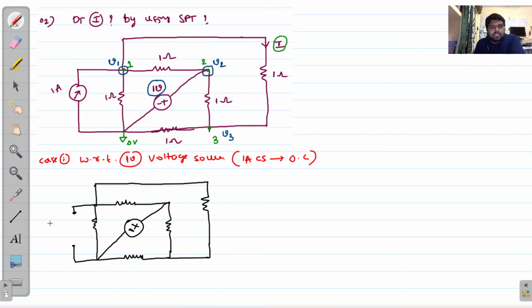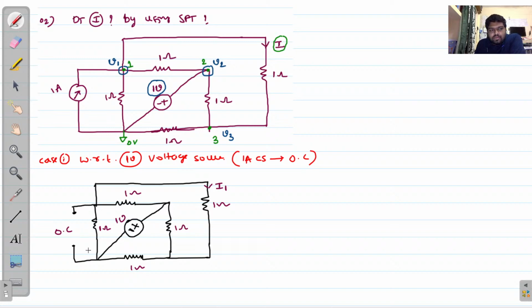So this should be considered as open circuit. I'm considering only this 1 volt voltage source, with all the resistors being 1 ohm, and here I'm indicating the current as I1. This path is completely open circuit, so you ignore it. Now for this circuit, you can indicate the node symbols.